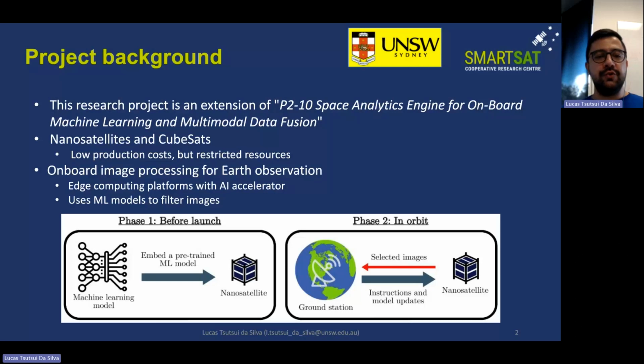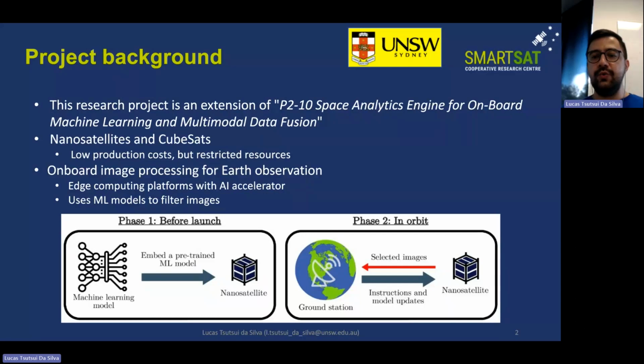The existing approaches for onboard image processing follow the pipeline in this figure. In phase 1, before launch, we pre-train a machine learning model with some available data sets and embed the pre-trained model into the satellite.